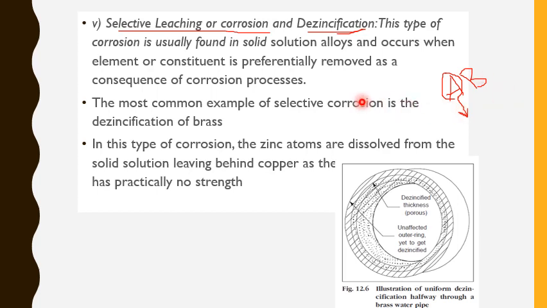This type of corrosion in which in the alloy only one metal is corroded is called selective leaching or selective corrosion. The other metal is not corroded, only one metal is corroded in the alloy.